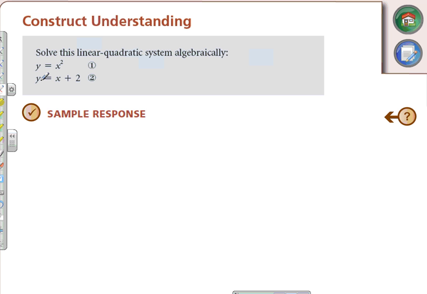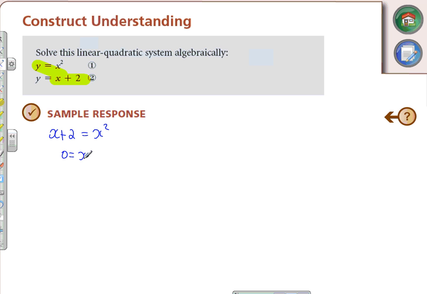So both of them are equated to y, so all we're going to do is take the y and substitute it in here. So x plus 2 is equal to x squared. We've got a quadratic. The same as we've done with quadratics all along, equate to 0 and factor.